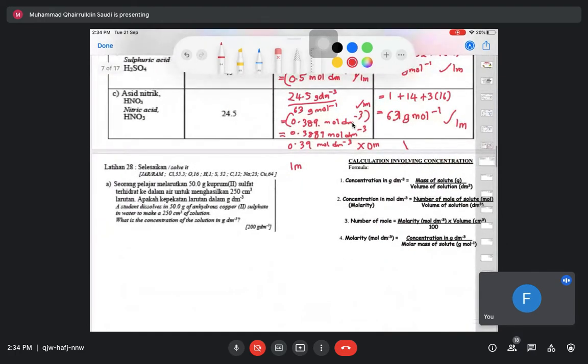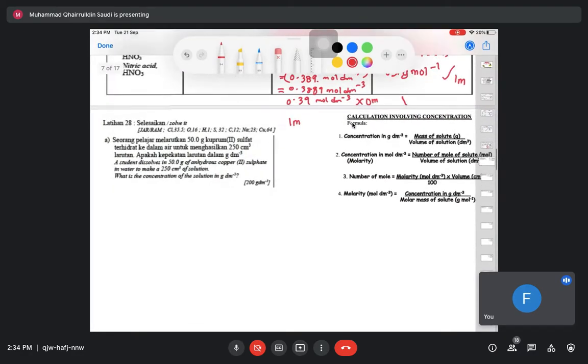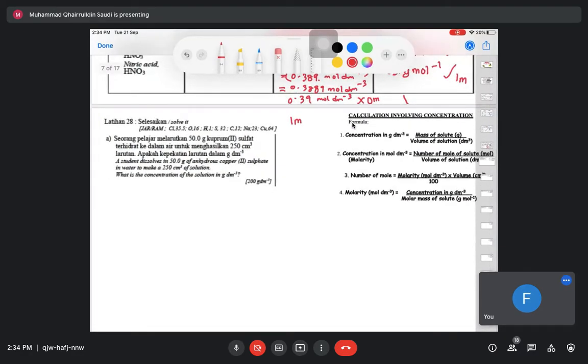Proceed with latihan 28. Exercise 28, A, only 1 mark. Okay, sebab senang. A student dissolves 50 gram of anhydrous copper sulfate in water to make 250 centimeter cube. What is the concentration in gram per dm cube? So we use formula number 1.